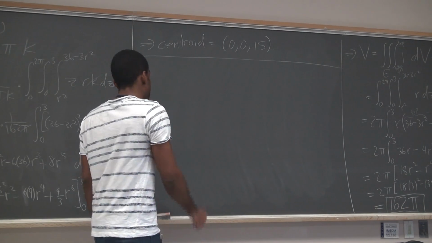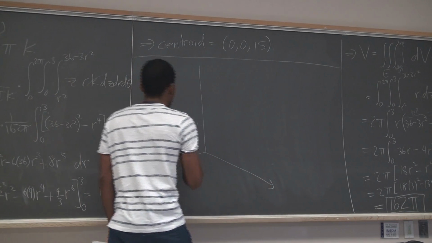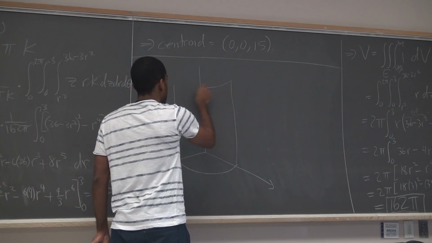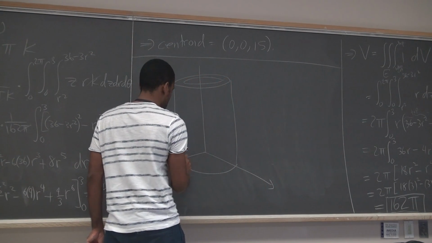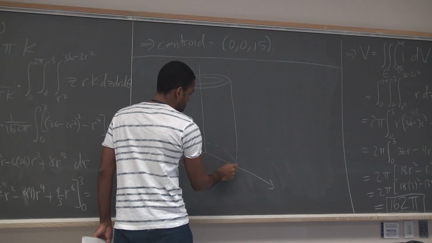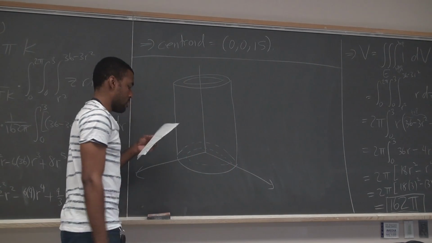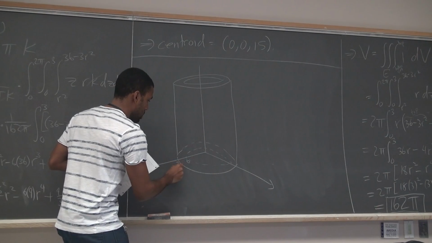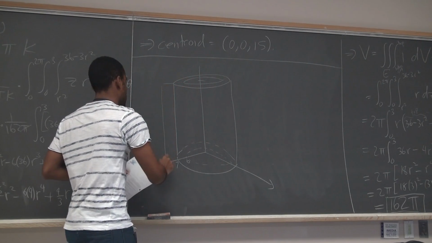Okay, so personally I would have put the shell just sitting on the XY plane. So I have an inner radius of 6, outer radius of 7, and my height is 20.